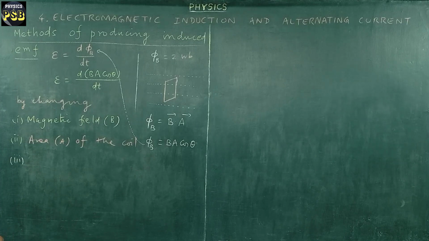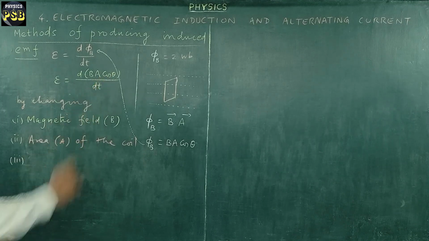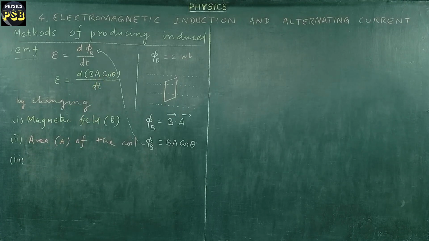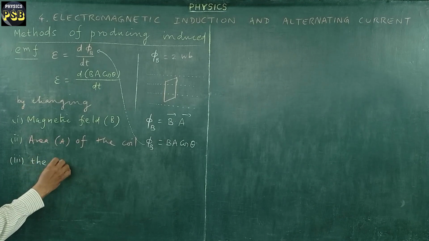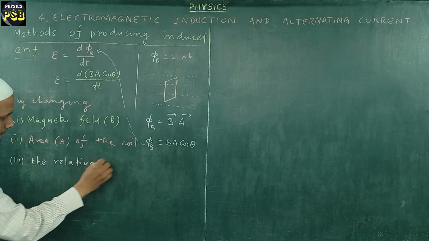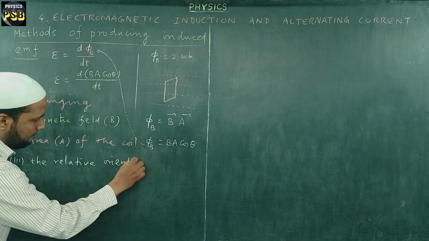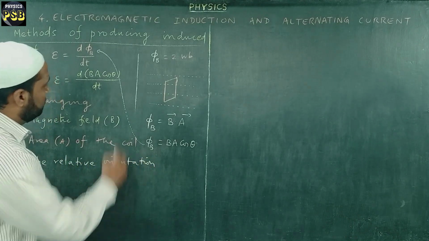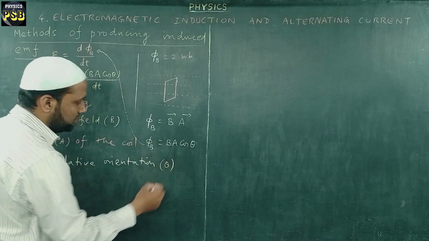Third, the magnetic flux linked with the coil can also be changed to produce induced EMF by changing the relative orientation of the coil with the magnetic field. Here it stands for theta.